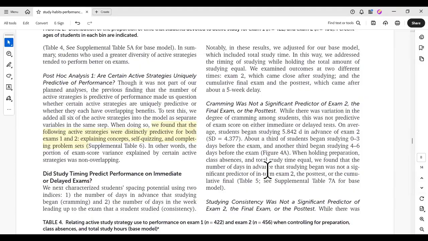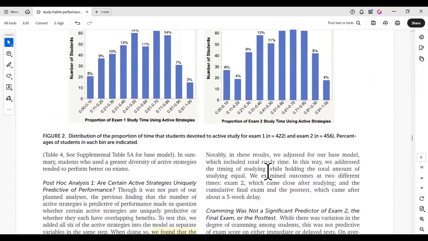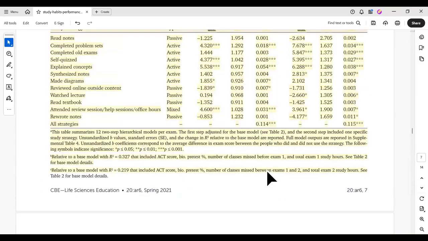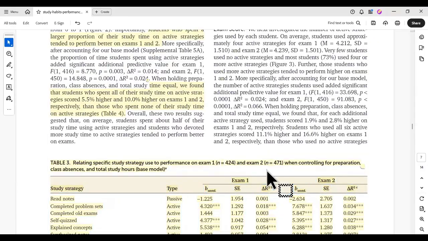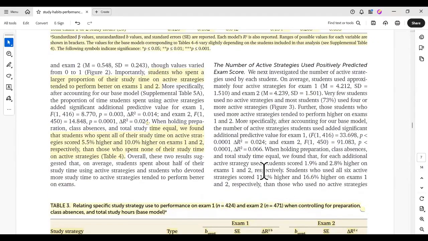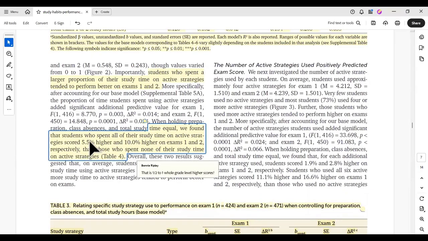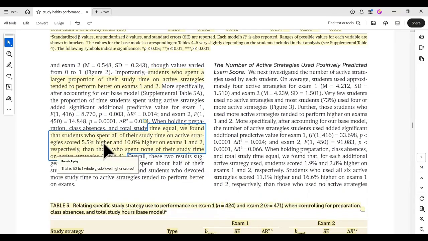So one of the most interesting results that I thought for the whole paper was this little point. Students who spent all their study time on active strategies scored 5.5% higher and 10% higher on exams 1 and 2 respectively.